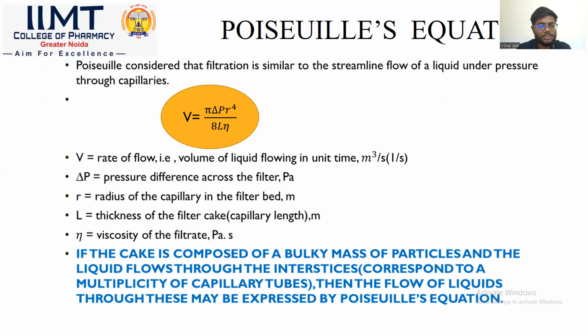And mu is the viscosity of the filtrate, calculated in Pascal seconds. If the cake is composed of a bulky mass of particles and the liquid flows through the interstices corresponding to a multiplicity of capillary tubes, then the flow of liquid through these may be expressed by the Poiseuille equation.